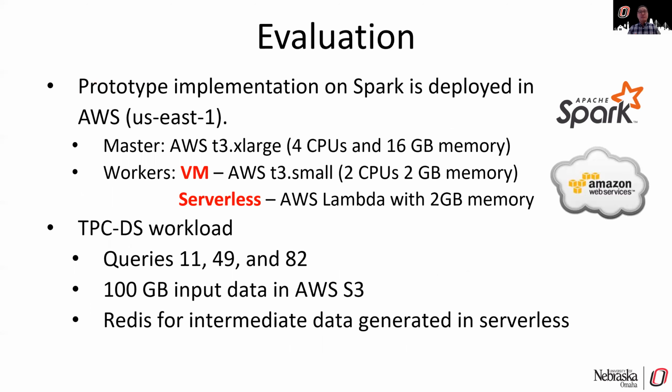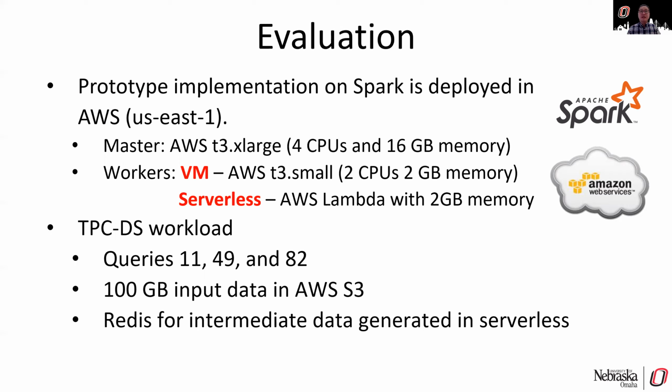So we implemented our prototype on Spark, and we deployed our prototype in AWS, Amazon Web Services, in the US East region. For the Spark master, we use T3 xlarge, and for the workers, we use T3 small EC2, and we use Lambda for serverless.